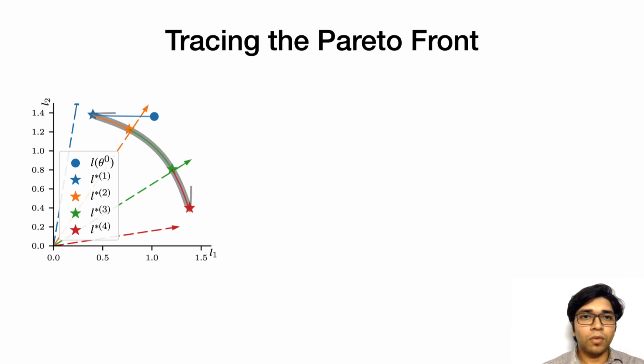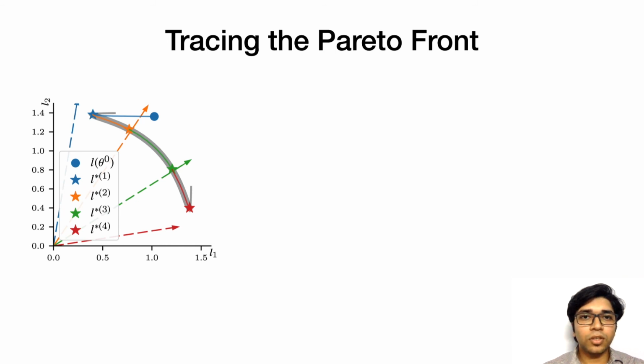So we can use our method, EPO search, to trace the Pareto front as well, which is a general application in multi-objective optimization problems. We can do that by changing the preference vectors one after another and using the optimal solutions as the initializations.